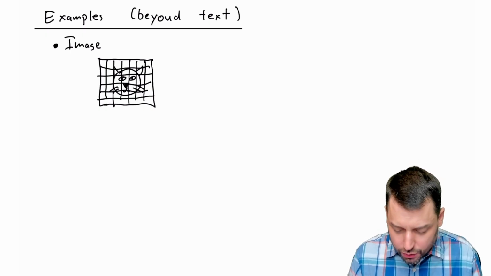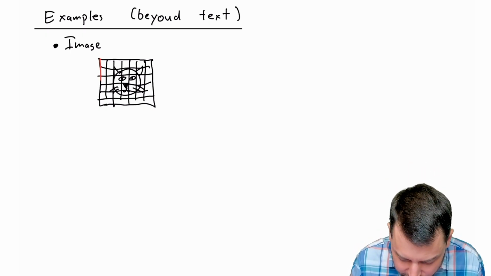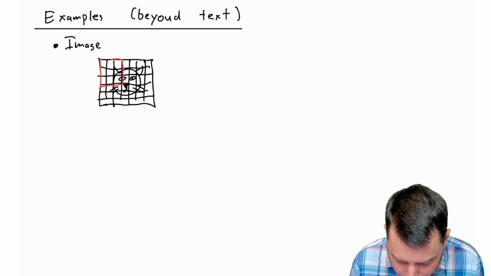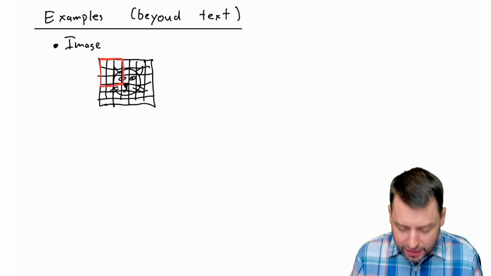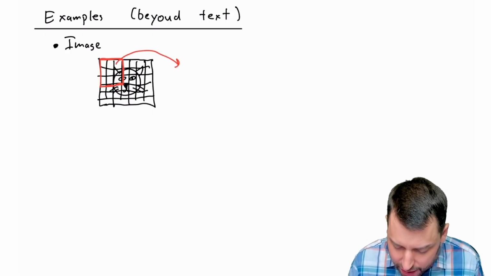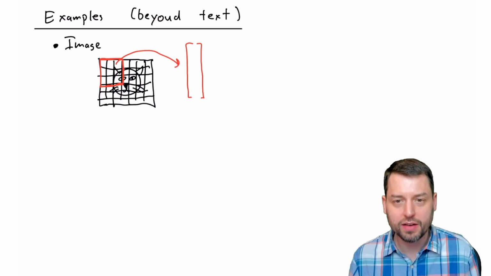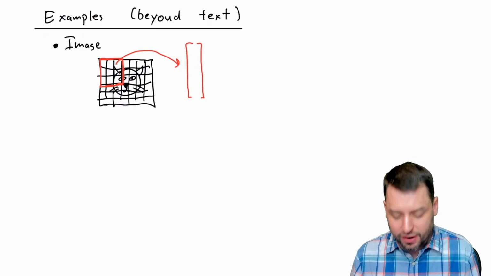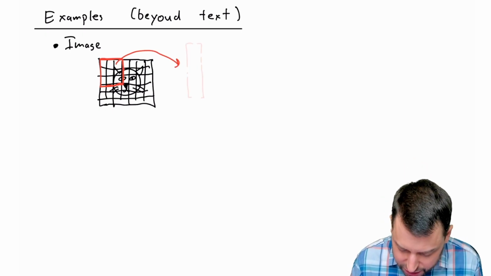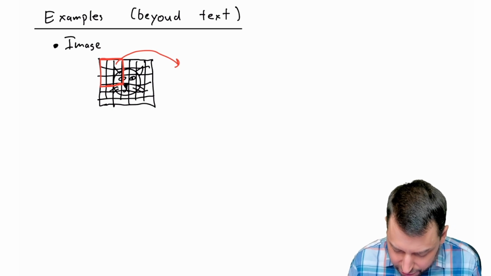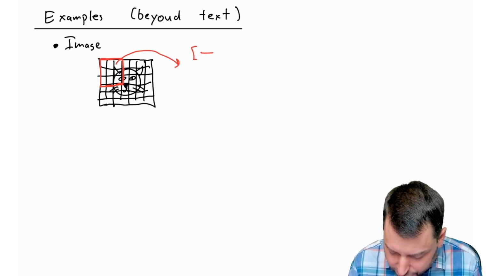So what we do in this case is we take some blocks, say a 3x3 block in this image, and we take all the pixels in this block, and we form these into a big vector. This vector becomes the first row in our X matrix.